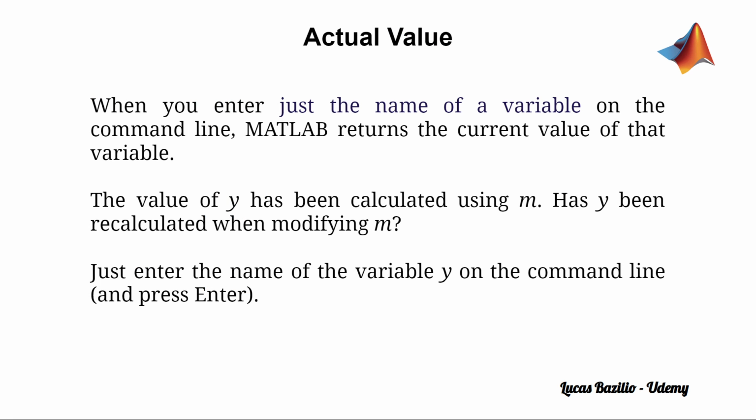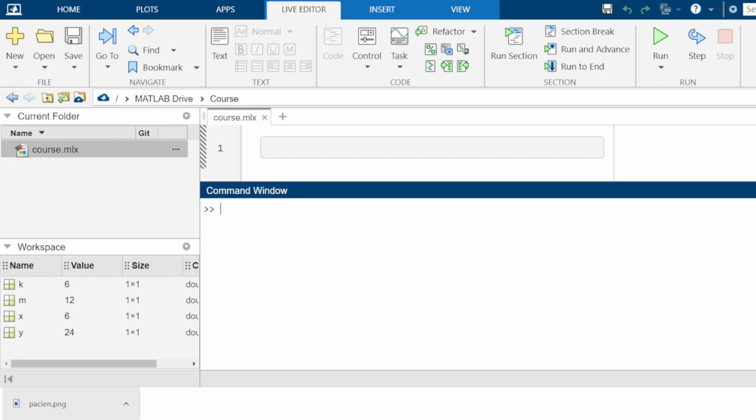In MATLAB, when we enter just the name of an existing variable on the command line, MATLAB returns the current value of that variable. Now, imagine that we compute the variable y in function of m. So we just say that y is m minus 7, for instance, right? So we just press enter. As we see, since m is 12, y gets the value of 12 minus 7, which is 5, right?